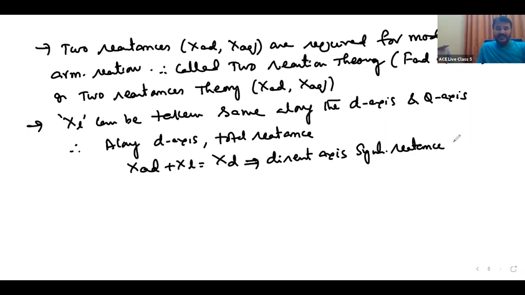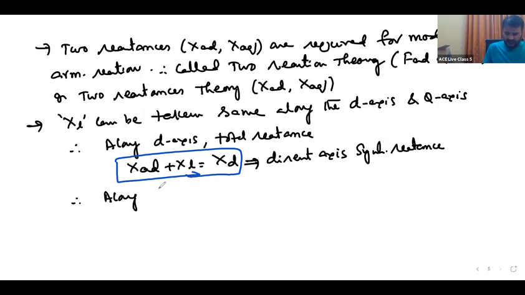XEAD is called the direct axis armature reaction reactance. Similarly, along the quadrature axis, the total reactance is XEAQ plus XEL.